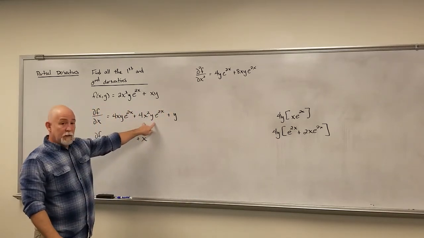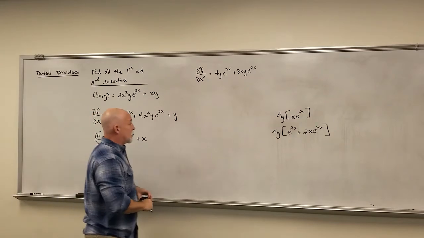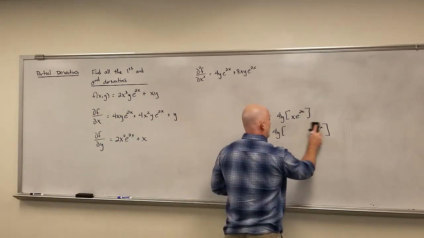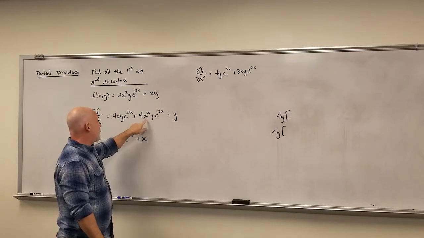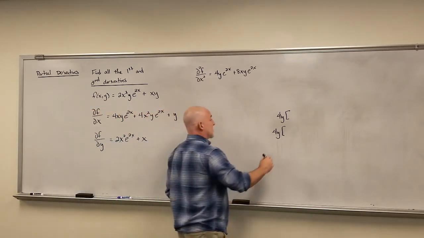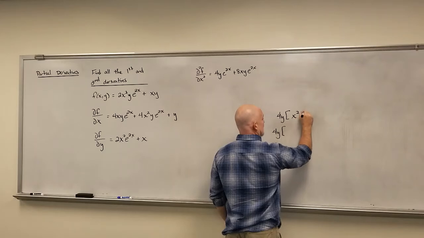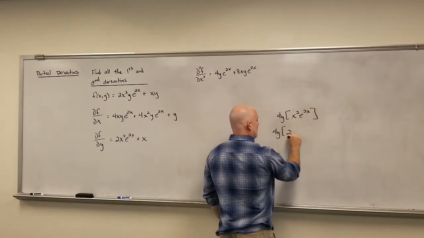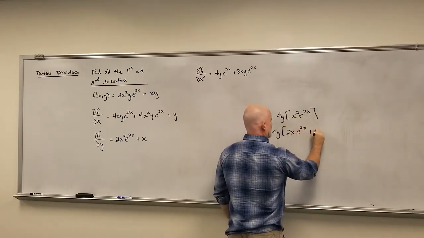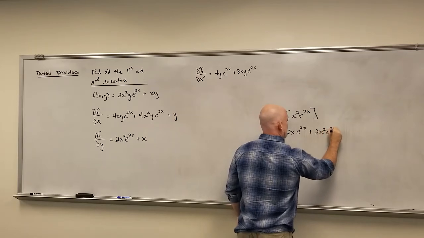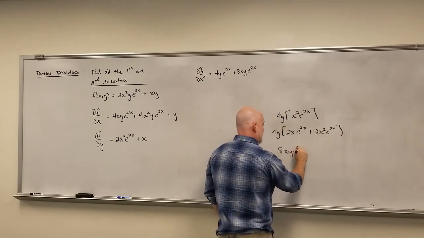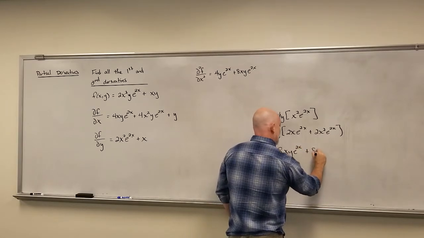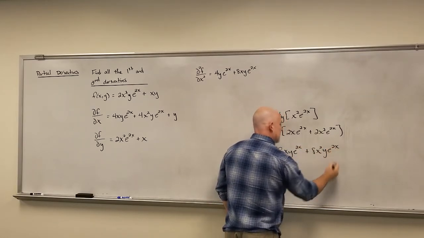For our second term, we have to do basically the same thing. The 4y is a constant. This time we have x squared e to the 2x. When we take the derivative here, 2x plus 2x squared e to the 2x, and we distribute, we get 8xy e to the 2x plus 8x squared y e to the 2x.